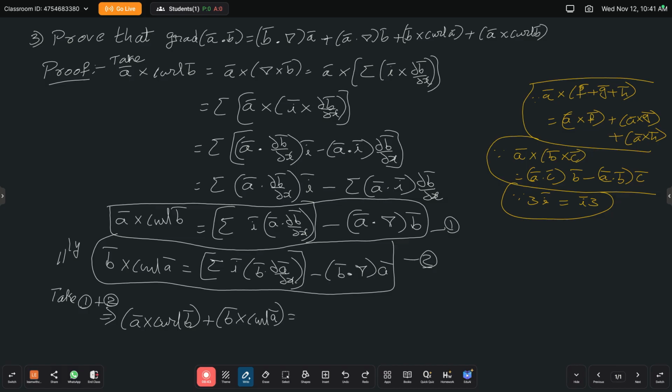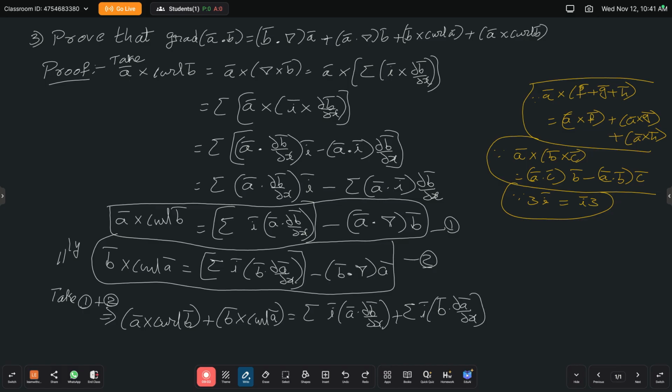I am adding them and writing at a stretch: summation i bar into a bar dot ∂b bar/∂x plus summation i bar into b bar dot ∂a bar/∂x.